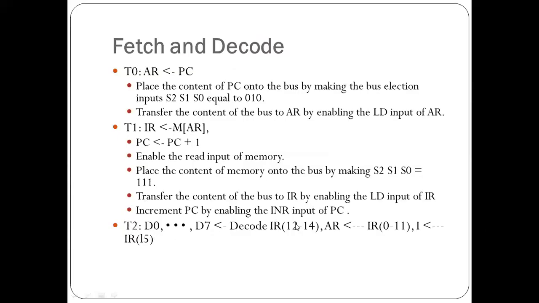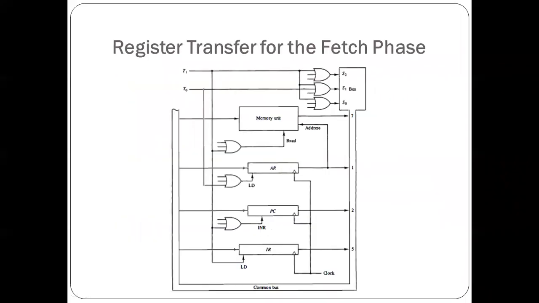Because the decoder will do its own work, copying the most significant bit of IR into the I bit. But copying the least significant 12-bit information in IR into AR requires the common bus. So one time sequence is required, that is T2.